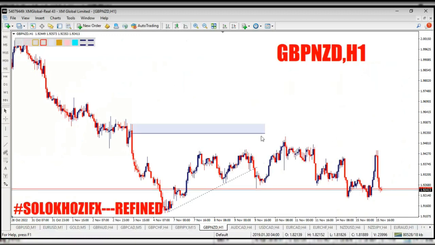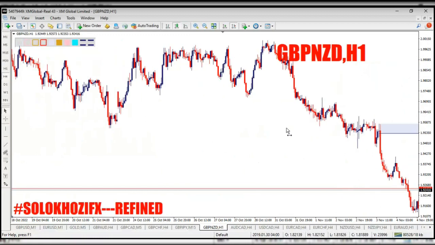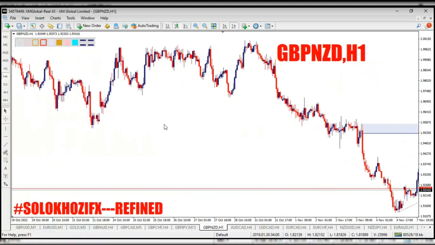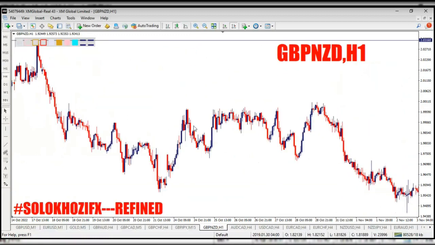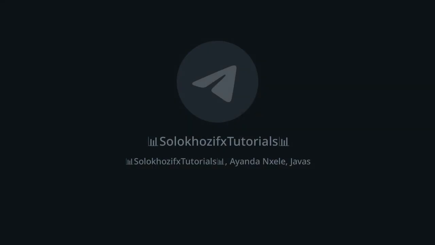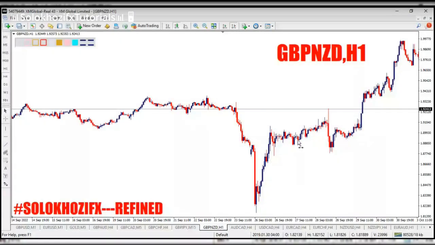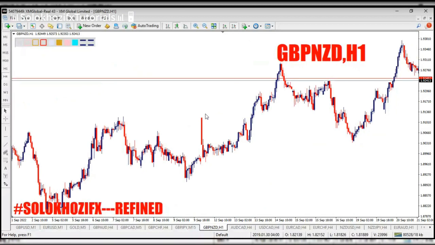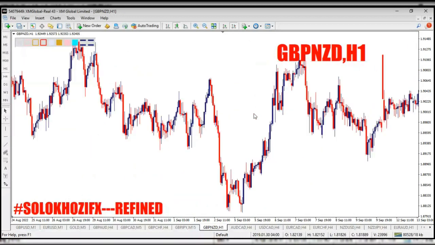Okay, let's check on the other side. I'm just gonna look for the last example, then we move to the next type, the second type.